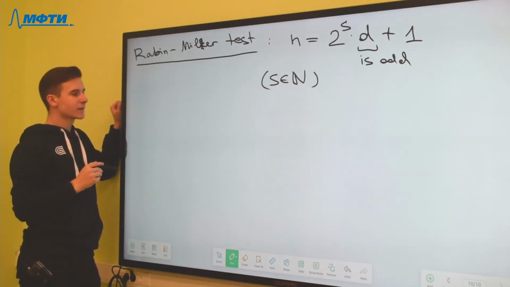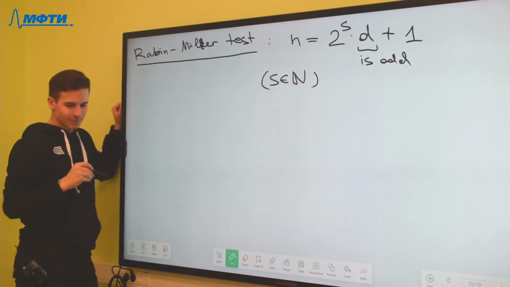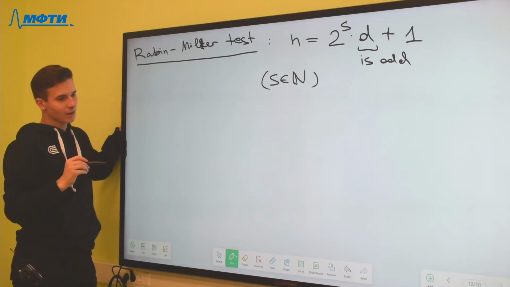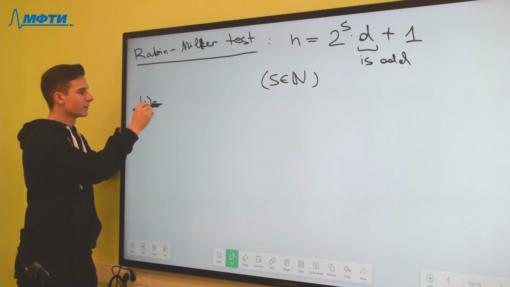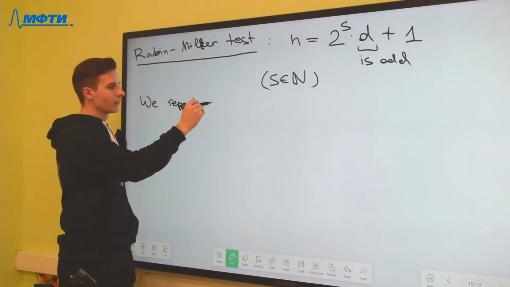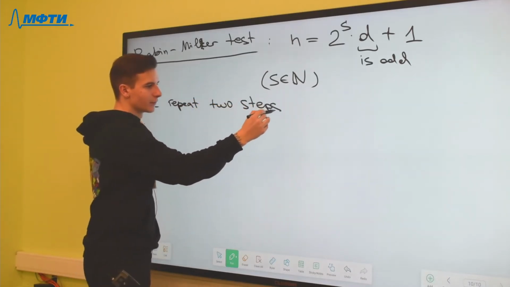In this case, we repeat two steps from the previous algorithm.